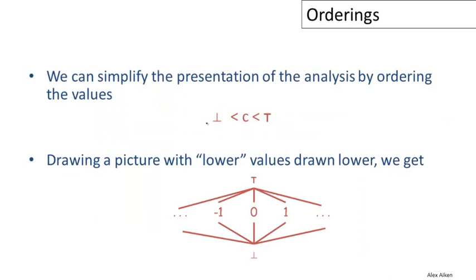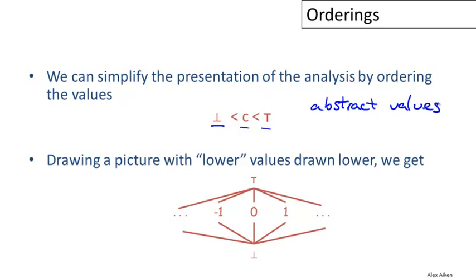First, I'd like to introduce a technical term. These values that we compute with in program analysis, things like bottom, the constants, and top, are called abstract values, to distinguish them from the concrete values. The concrete values are the actual runtime values that a program computes with, things like actual objects and numbers.